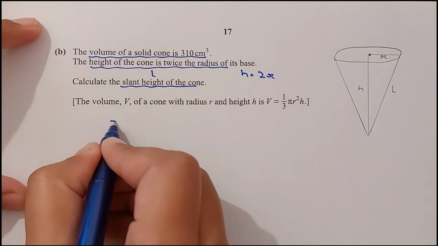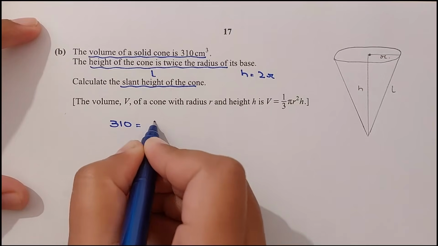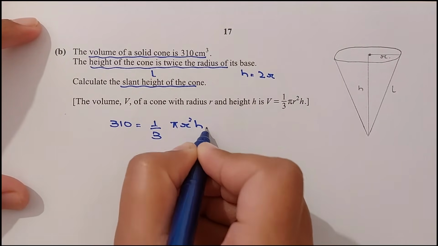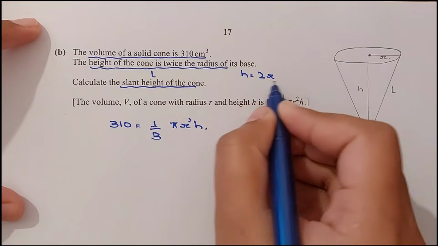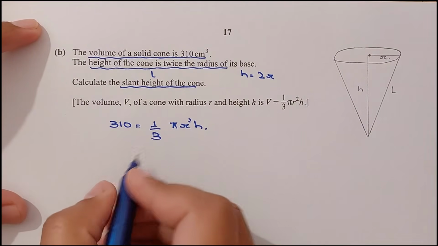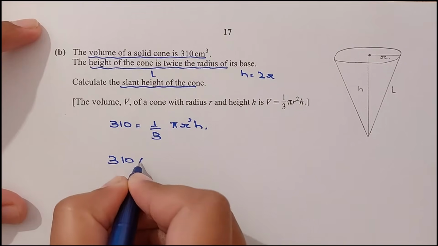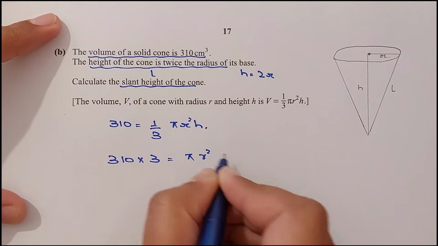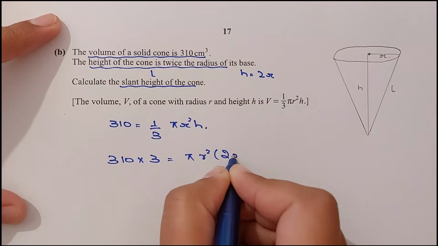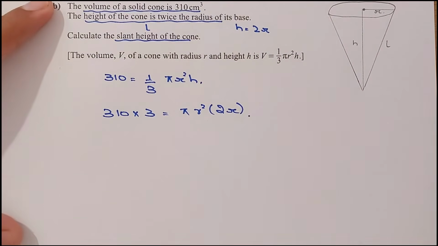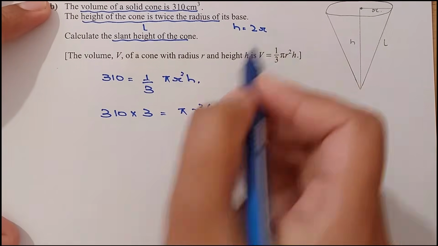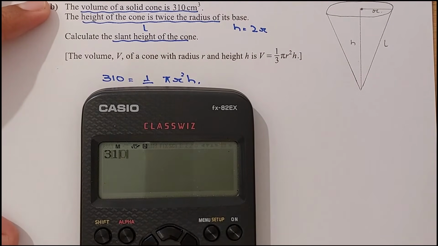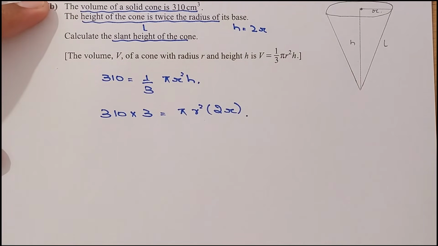So the volume we have is 310 equals 1 by 3 pi r squared h. And h is 2 times the radius. So 310 times 3 equals pi r squared, and the height is 2r. Let me solve for the radius. 310 times 3 is 930.